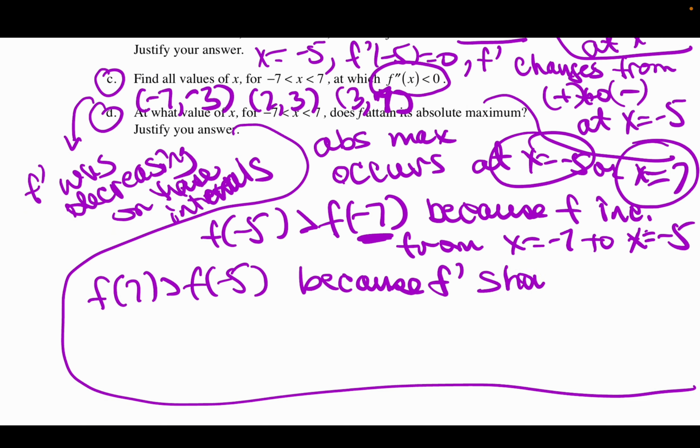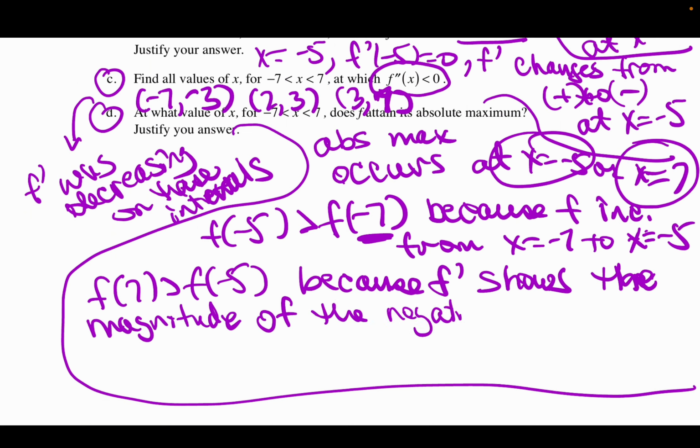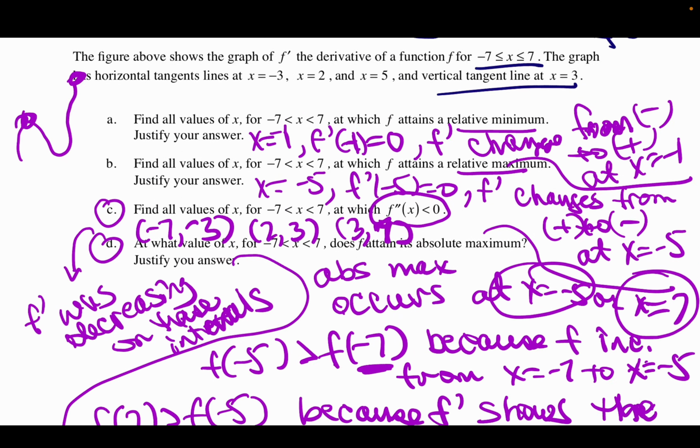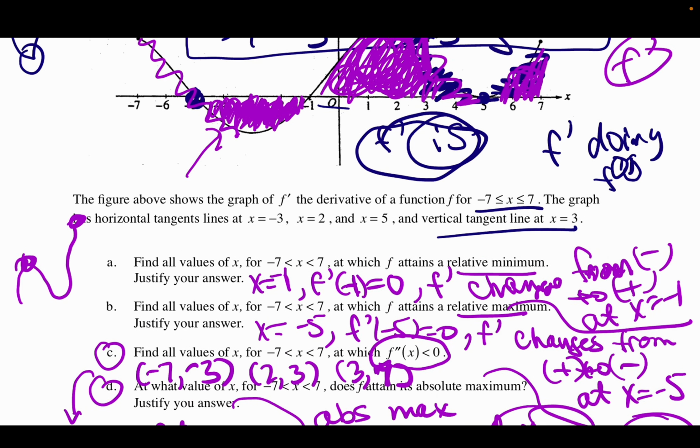Now I know f of 7 is greater than f of -5 because f prime shows the magnitude of the negative change is less than the positive change. And I probably need to say from -5 to -1, actually.